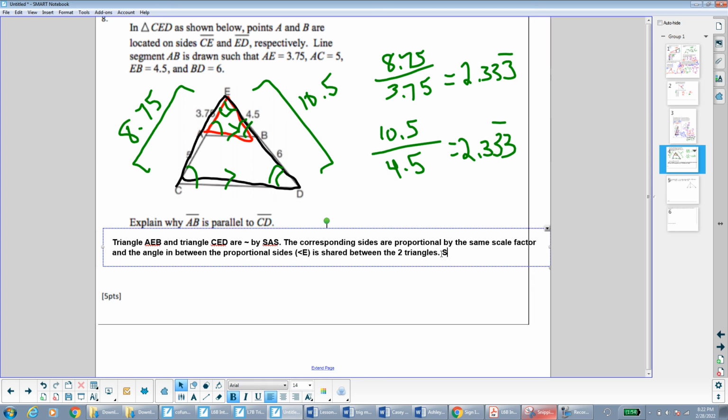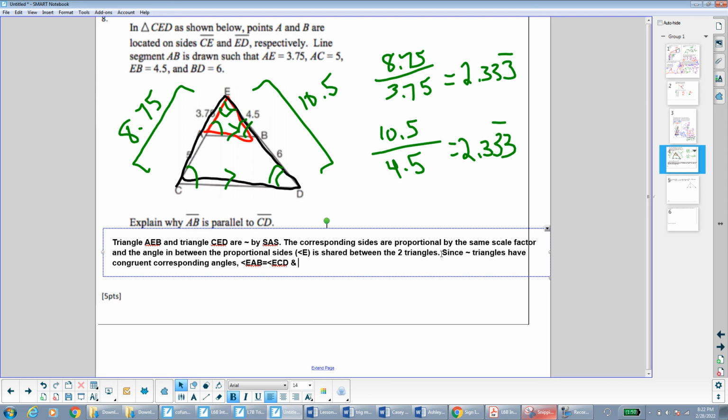Okay, since similar triangles have congruent corresponding angles, angle EAB is congruent to angle ECD, and angle EBA is congruent to angle EDC.